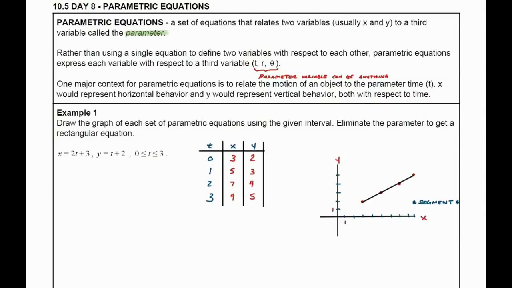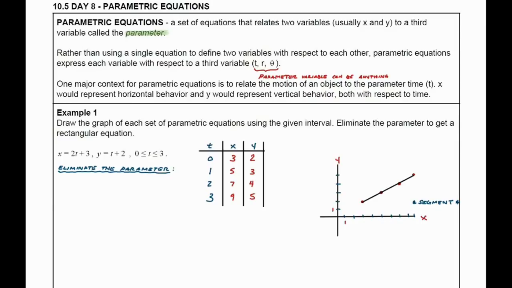And what you might see right there is, well, that looks like a line. I might be able to write that as a linear equation, and that's what we're going to do by eliminating the parameter. What that means is I'm going to take these equations expressed in terms of t and rewrite them as one equation that relates x and y.